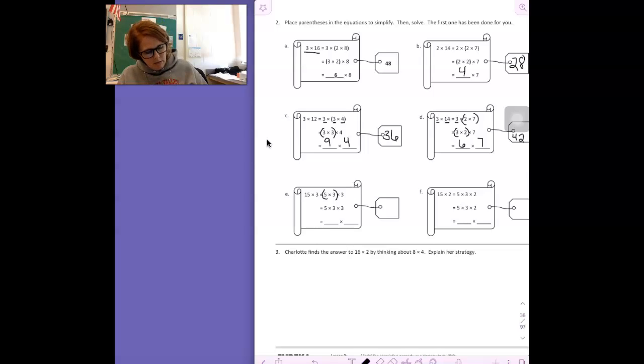Then we can regroup and do 5 times 3, which is 9, and we get 45. 15 times 2, we can do 5 times 3 times 2, and then we can switch our grouping to be 5 times 6, which is 30.